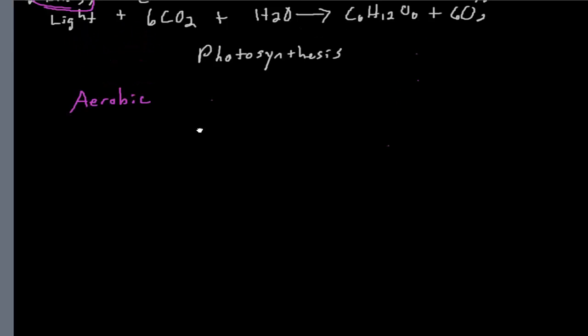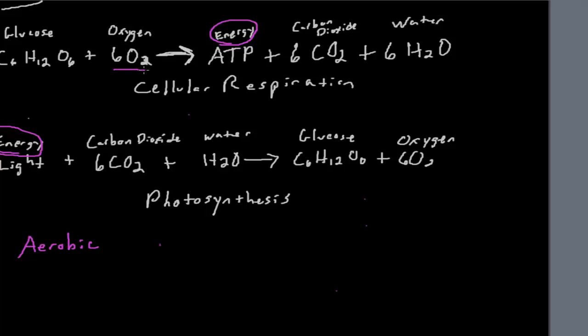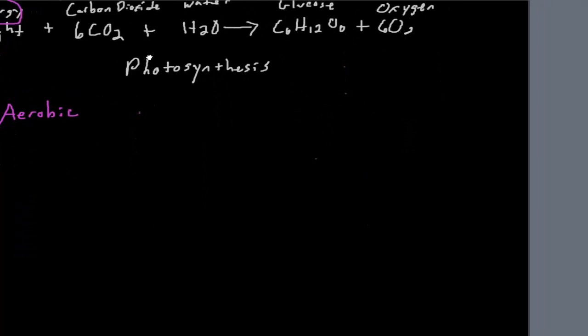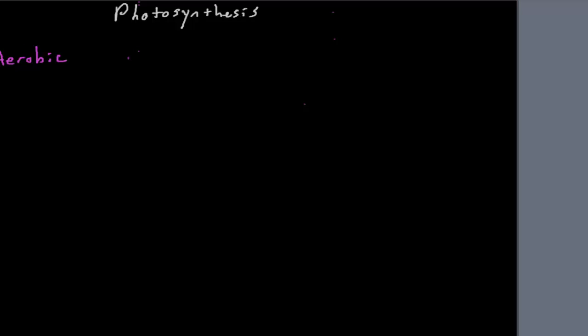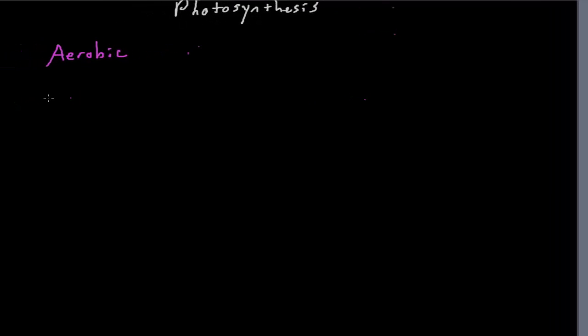One last little point I want to make before I wrap this video up is there is a possibility. All this cellular respiration we were just talking about is aerobic, which means there was oxygen in my formula. Remember, cellular respiration, I had 6 O2s right here, right? That made it aerobic. Aerobic just means with oxygen. It is possible to create ATP anaerobically, means without oxygen.